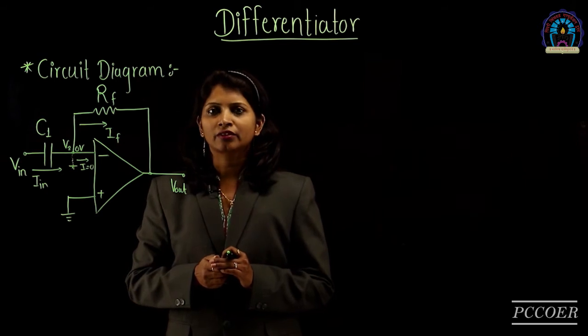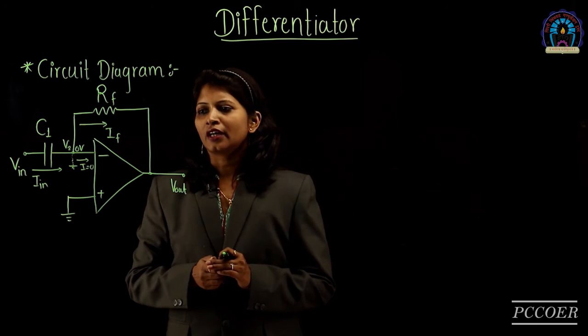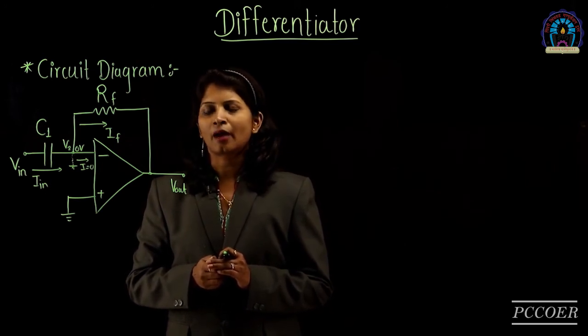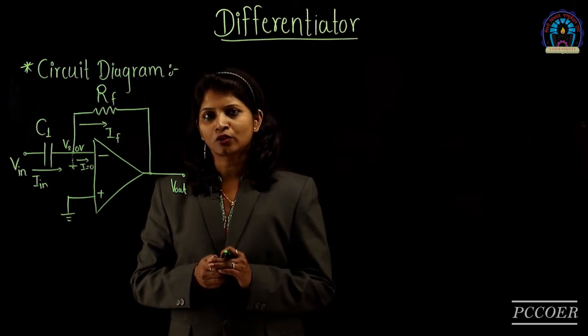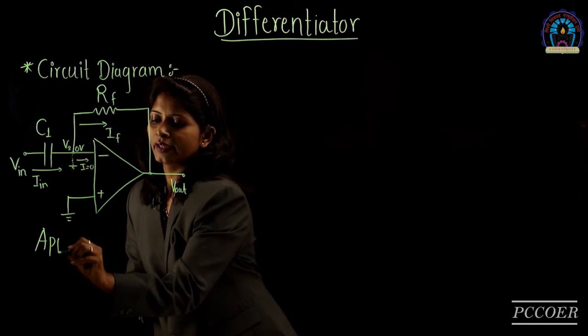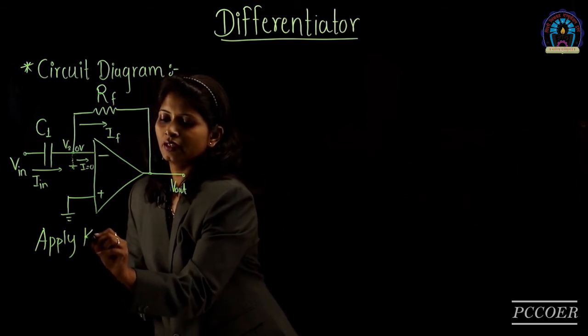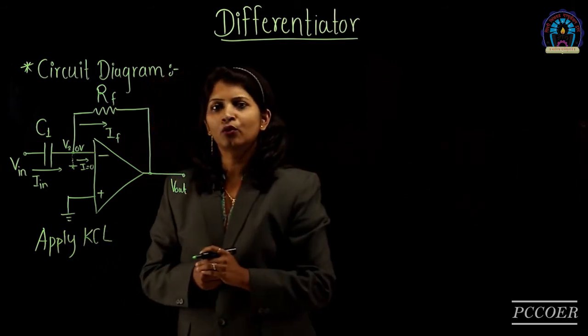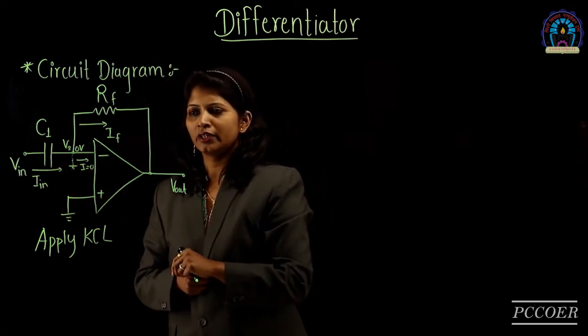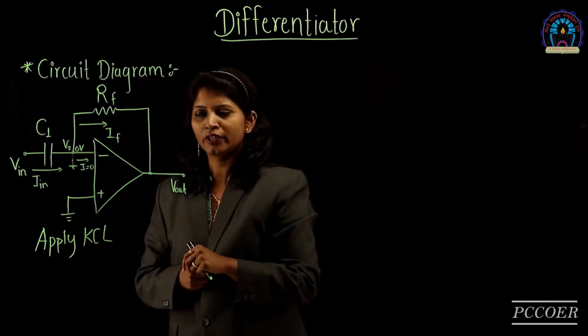Now let's derive the expression for the output of the differentiator. In order to derive the expression, we will start by applying KCL, that is Kirchhoff's current law, to the node V2. After applying the KCL, the equation at node V2 is given by In, which is the incoming current, and If is the outgoing current.